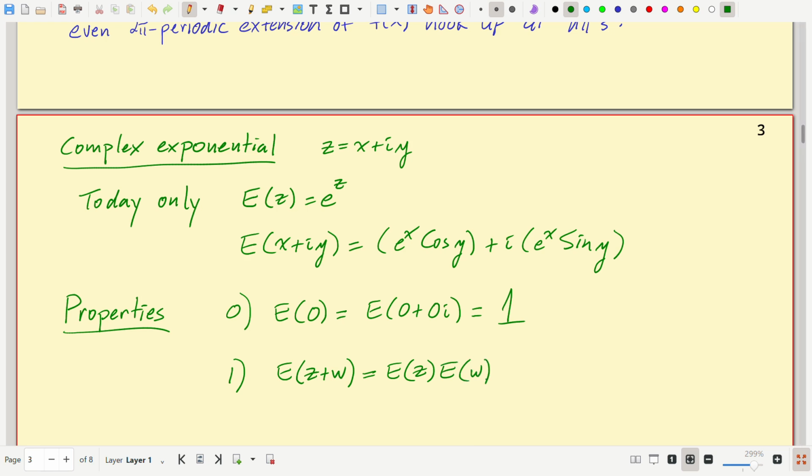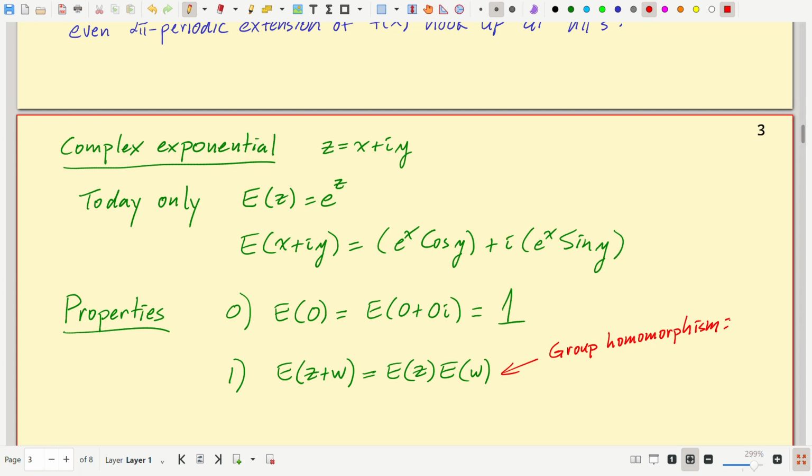And it's interesting what that means from a group theoretic point of view. That means the complex exponential is a group homomorphism. If you take a fancy algebra class, you'll talk about such things.